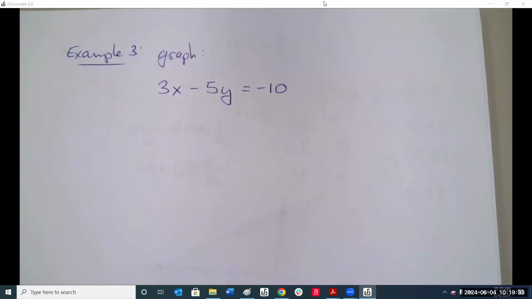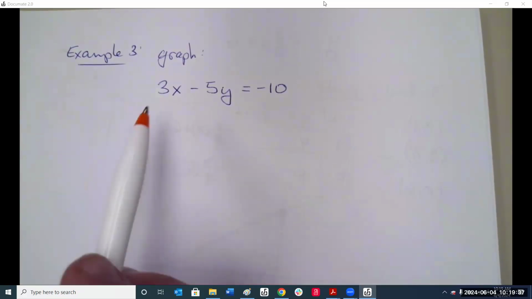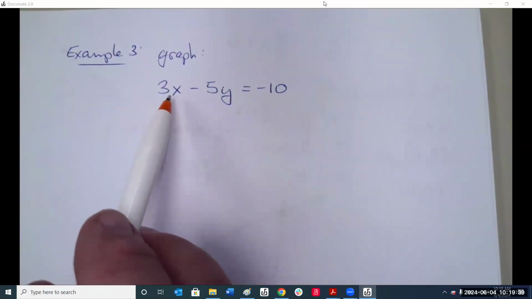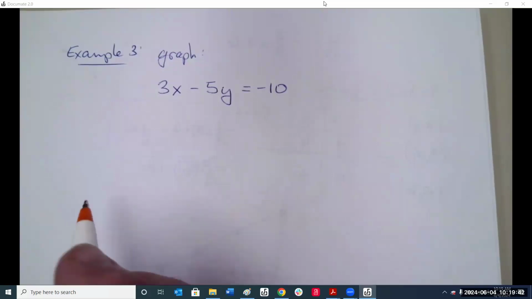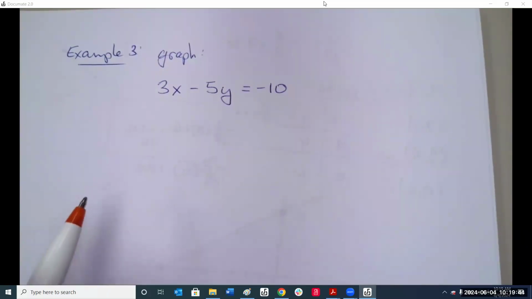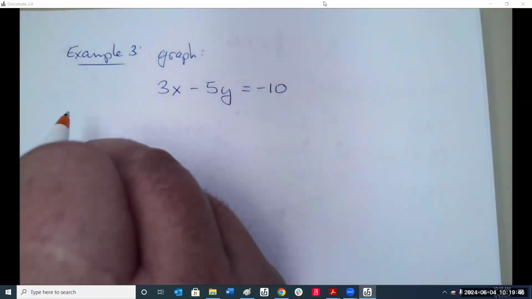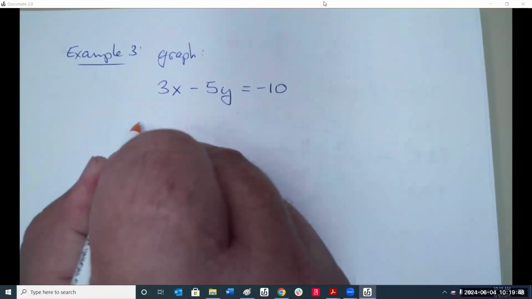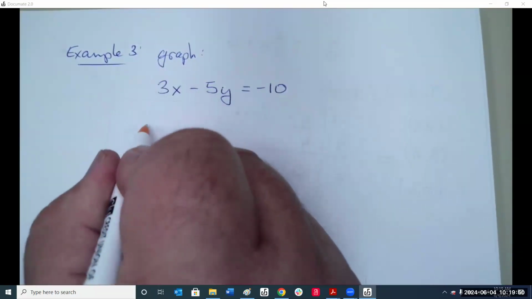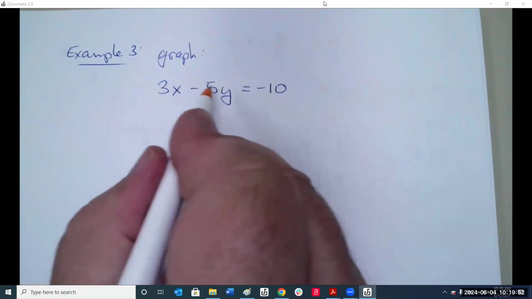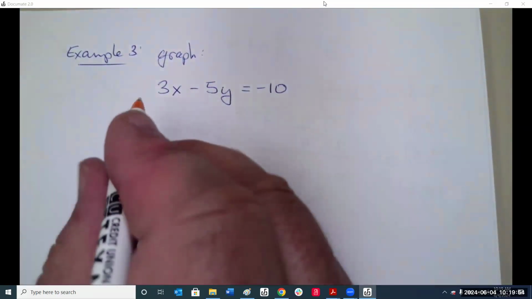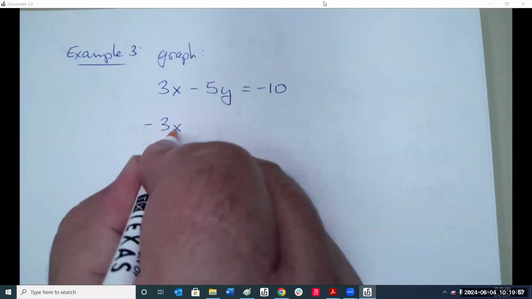No, why? Right. So we won't be able to find the x-intercept. So what's another way of doing it? Yeah, so we solve for y. First step, get rid of the x. How do we get rid of the x value? Subtract 3x from both sides.